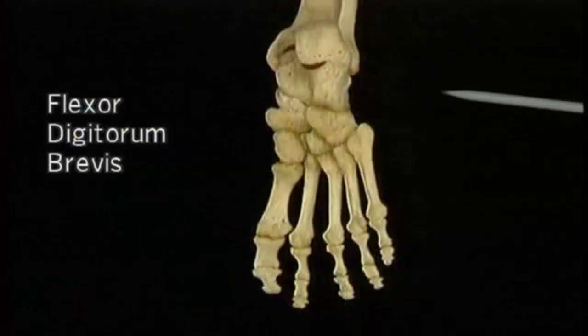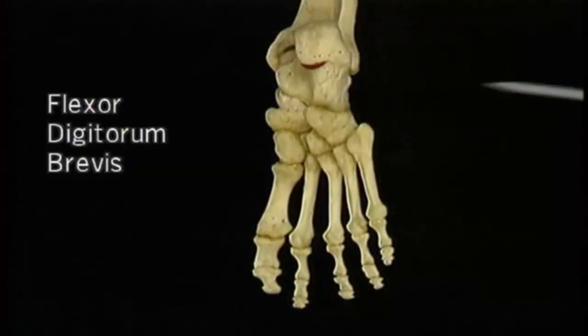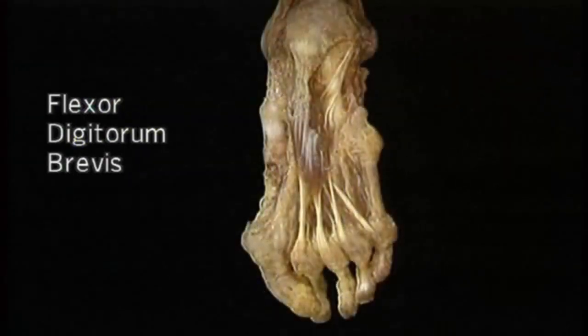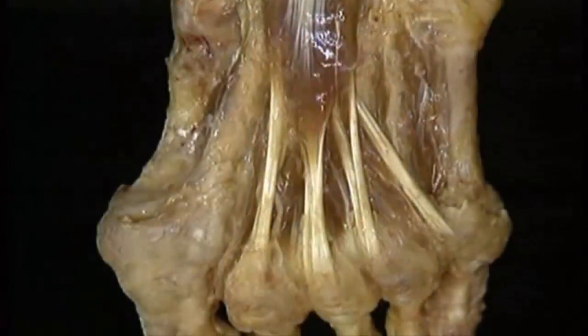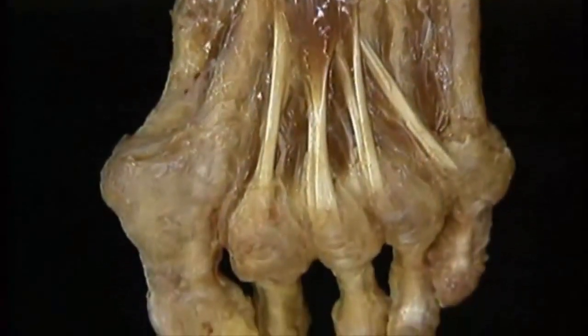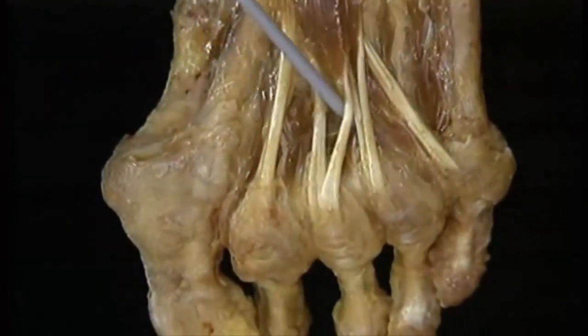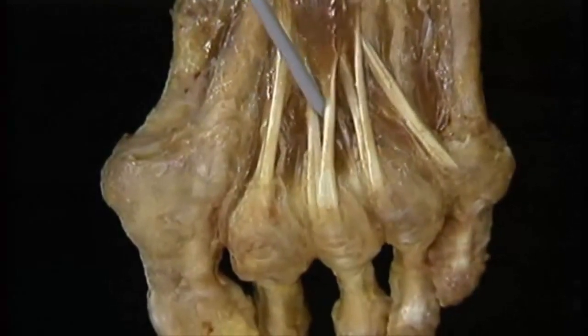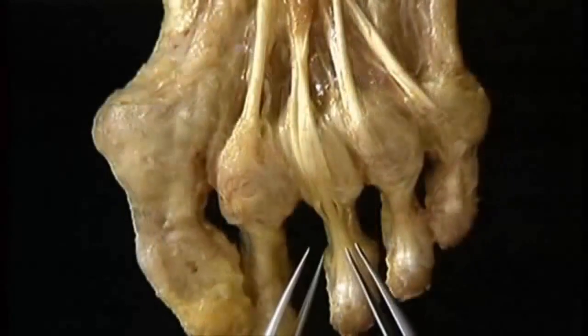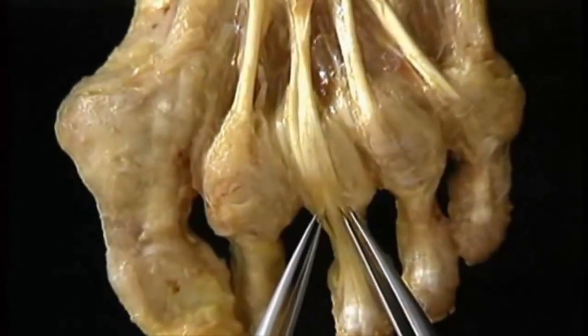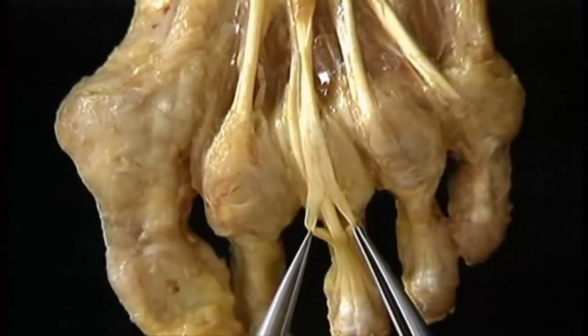Flexor digitorum brevis arises from here on the calcaneus. Flexor digitorum brevis divides to form four tendons. Each of these enters one of the tendon sheaths, along with a tendon of flexor digitorum longus. Inside the tendon sheath, which we'll remove, the brevis tendon splits into two halves, which encircle the longus tendon.